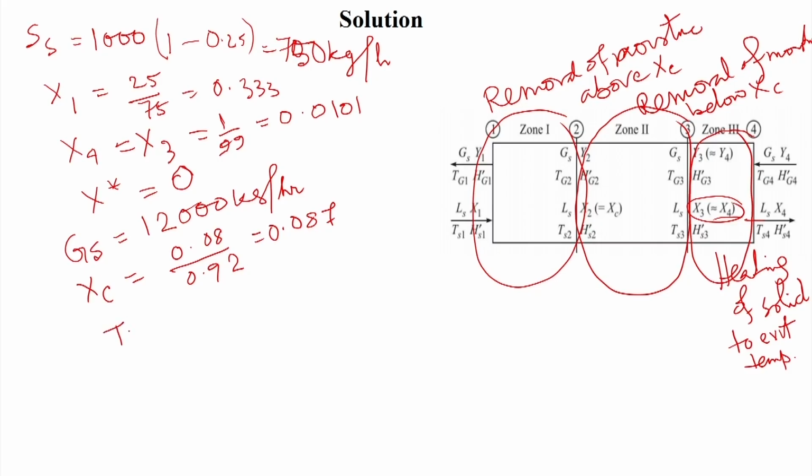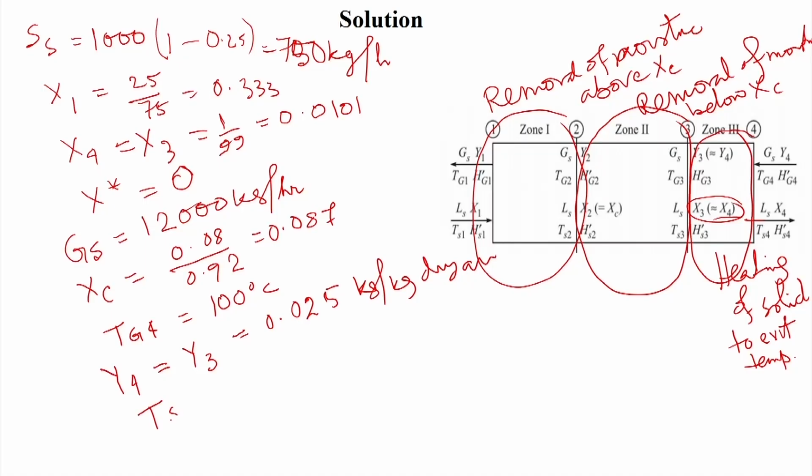T g 4 is given as 100 degrees Celsius, and Y 4, which is equal to Y 3, is 0.0225 kg per kg dry air.